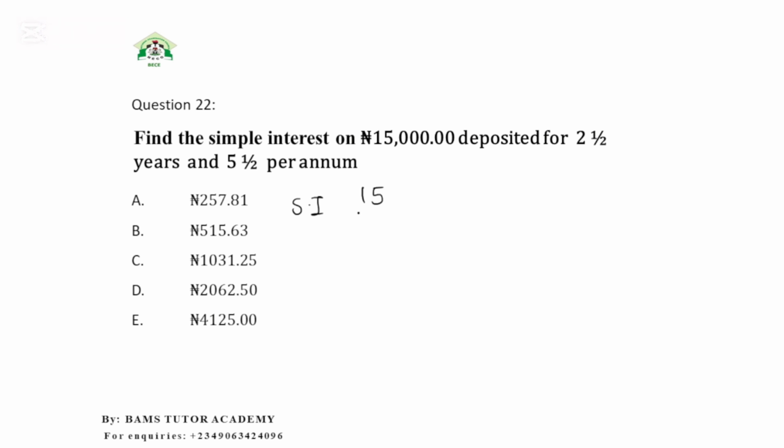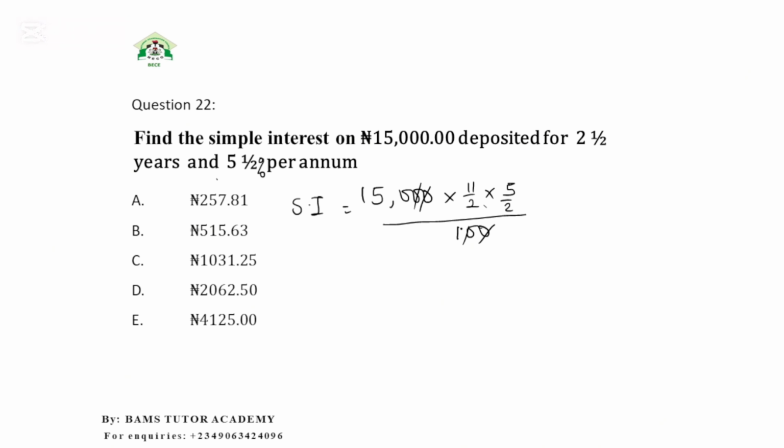Don't forget, simple interest is principal times rate times time over 100. So 15,000, the rate here should be 5.5, that's 11/2, times 2.5 years. What's 2.5 years? That's 5/2 over 100.